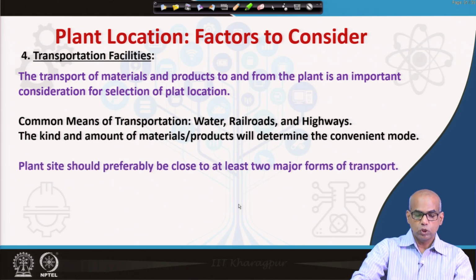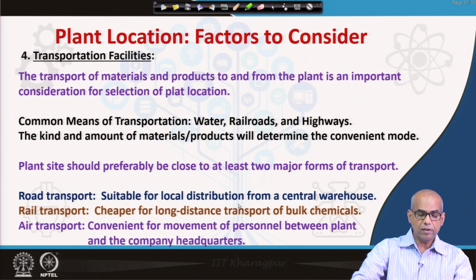Plant sites should preferably be close to at least two major forms of transport. Rail transport is suitable for local distribution from a central warehouse. Road transport is suitable for local distribution from a central warehouse. Rail transport is cheaper for long distance transport of bulk chemicals, and air transport is convenient for movement of personnel between plant and the company headquarters.